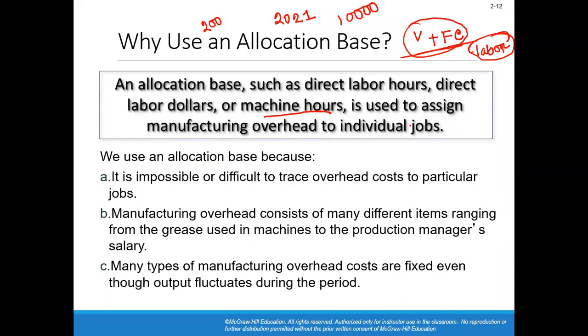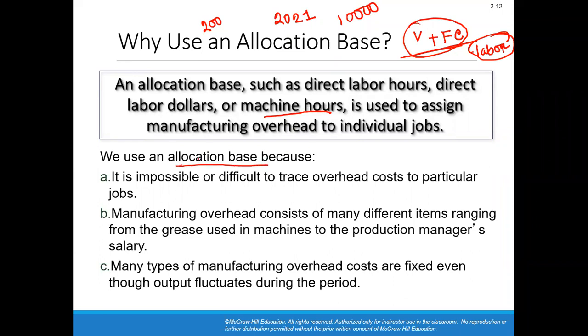I will explain it later, but for this time, try to understand that it is predetermined. Predetermined means it is determined before the actual incurrence of the manufacturing overhead cost. That's why the term is overhead.